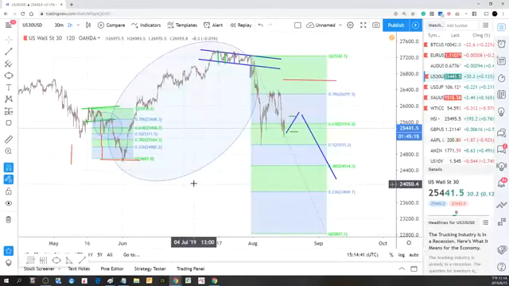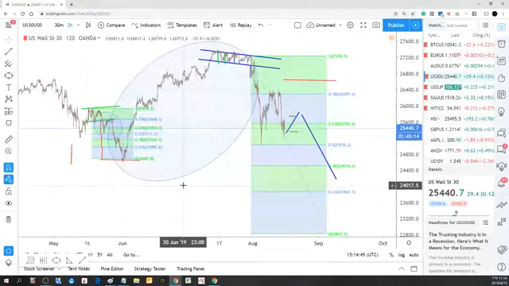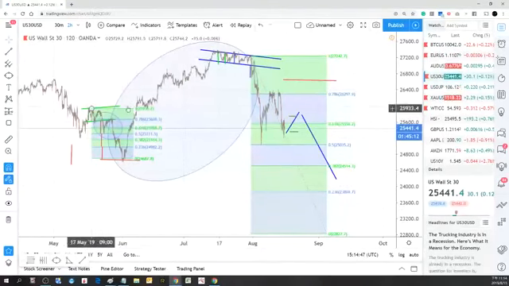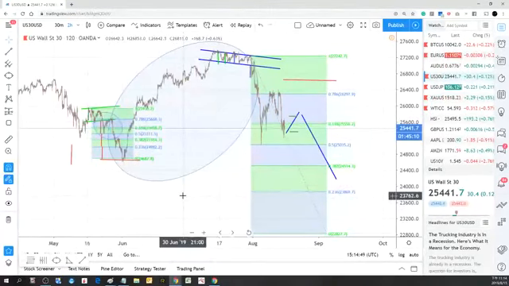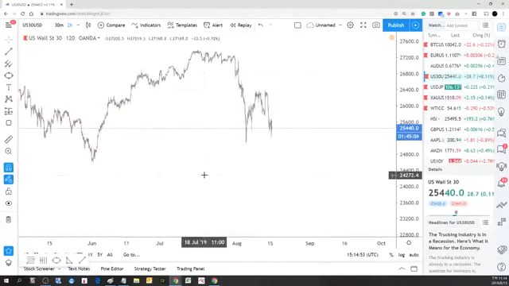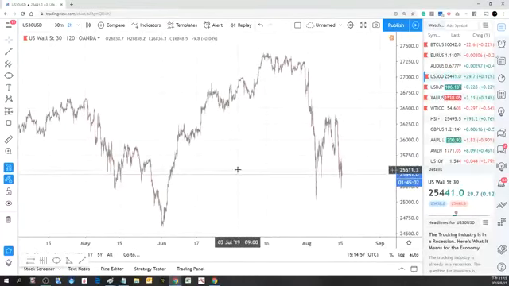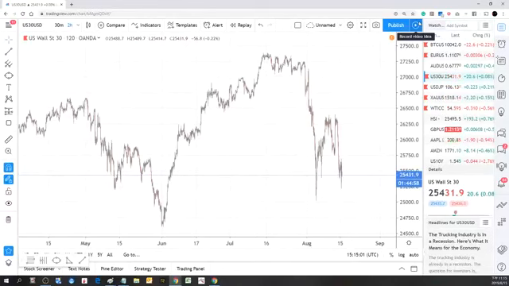So unless you have this correct analysis which is helped by the math pattern, if we remove everything, do you see the market totally different than what I said?